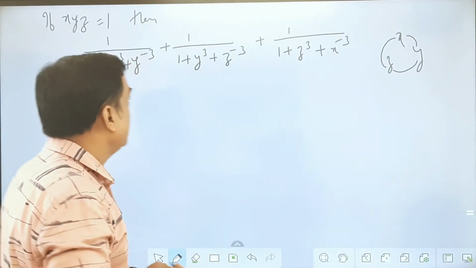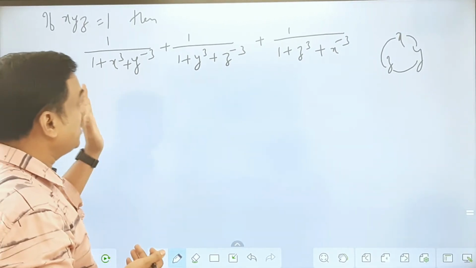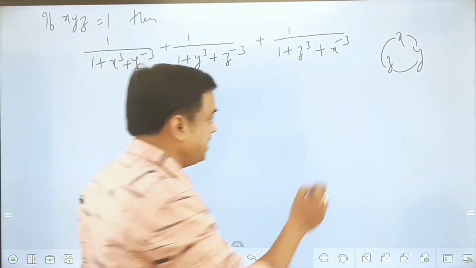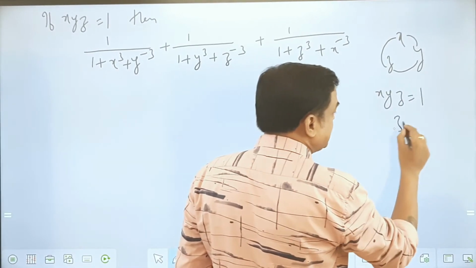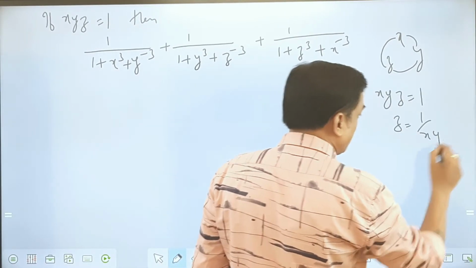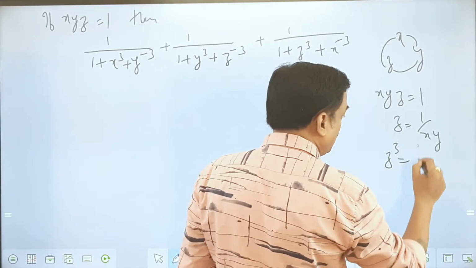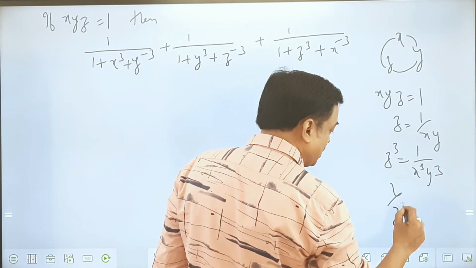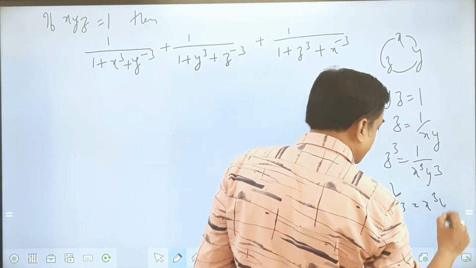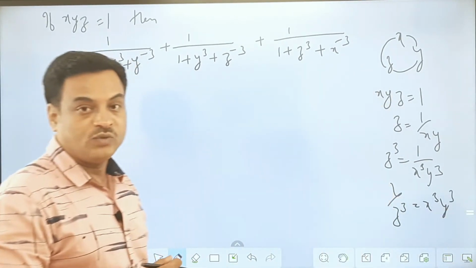And the product of the three numbers is given as 1. What we can do, instead of having three variables, since it is given xyz is equal to 1, I can say z is equal to 1 by xy, z cube is equal to 1 by x cube y cube, or 1 by z cube is equal to x cube y cube I can write. Right?